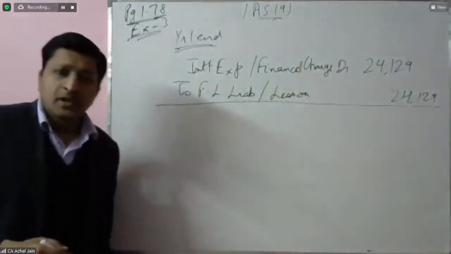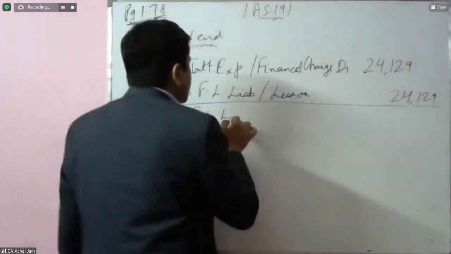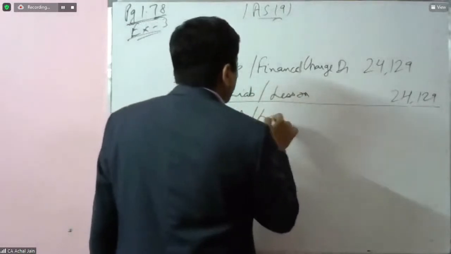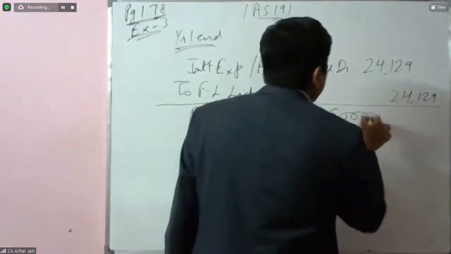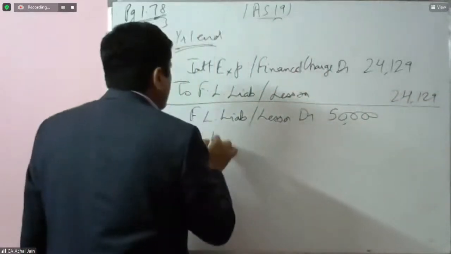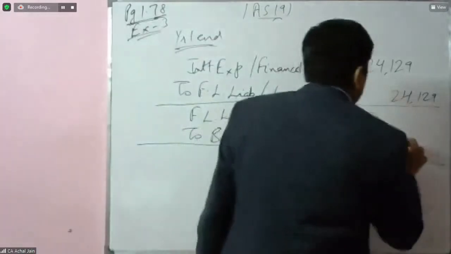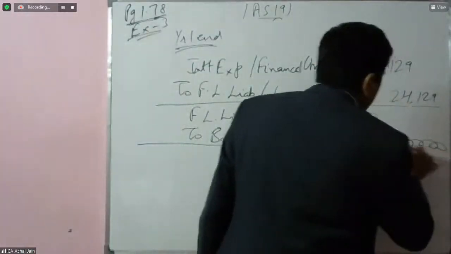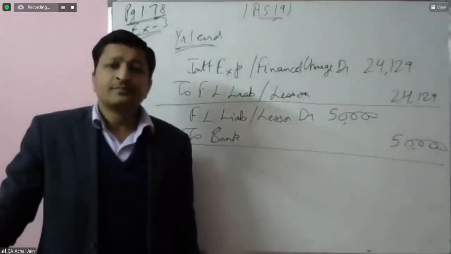Correct? Then the lessor will be paid. So we'll say finance lease liability or the lessor, debit 50,000 to bank. Correct? 50,000 to bank.